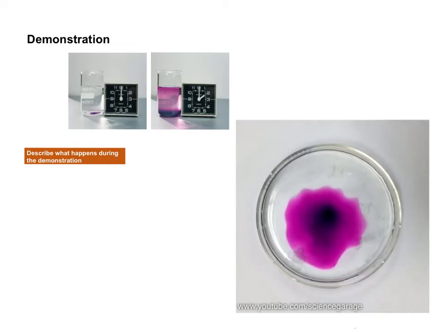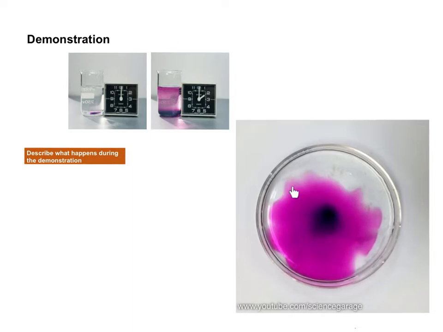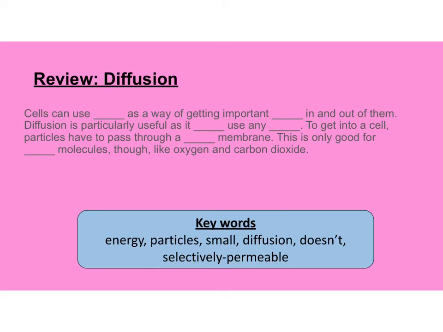So the particles are spreading out, they're less concentrated, and they're no longer close together. Okay, if we were to leave this for a much longer time, you'd see it all spread out, and that colour would no longer be dark in the middle, because it would eventually spread out everywhere, so the particles are evenly spread.